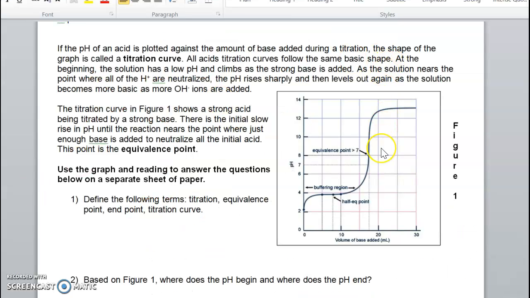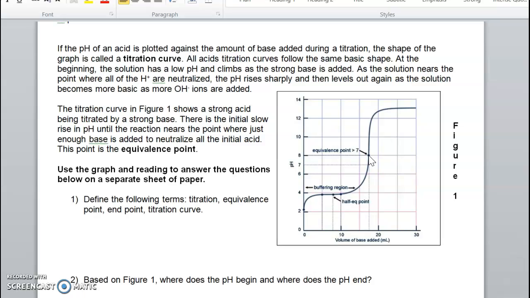So the overall idea is that we're trying to find the equivalence point. We're trying to find the point at which you have an equal amount of acid and base. And if you're using a strong acid and a strong base, which is what we will use in Regents chemistry, then you will get an equivalence point of about 7.